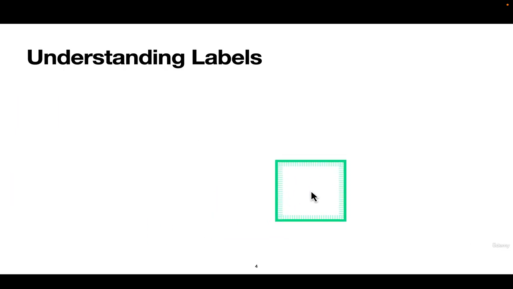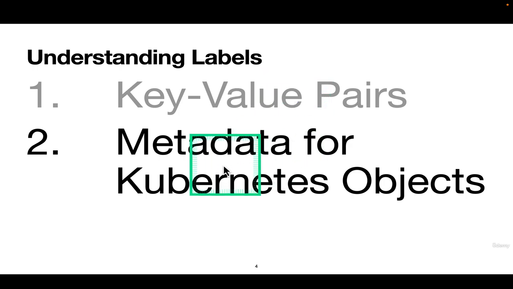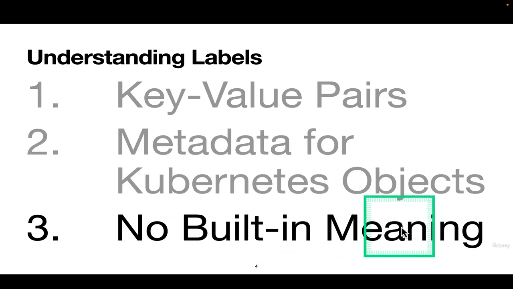So understanding labels, key value pairs. Labels are key value pairs that are assigned to Kubernetes objects as metadata. They provide a way to identify, organize and select objects based on common attributes or characteristics. No built-in meaning. Just remember this: labels have no built-in meaning or semantics to the Kubernetes system, allowing users to define their own label schema.